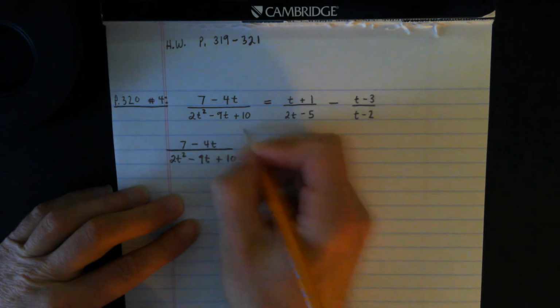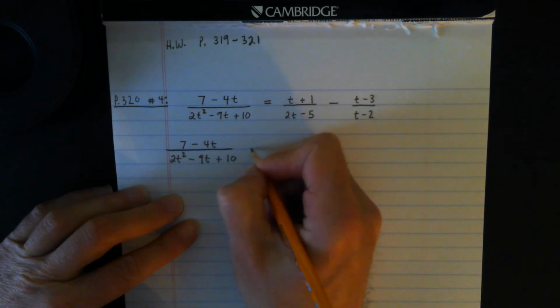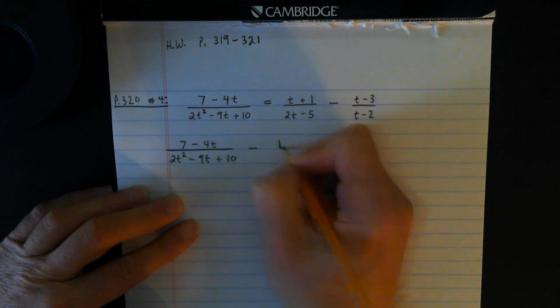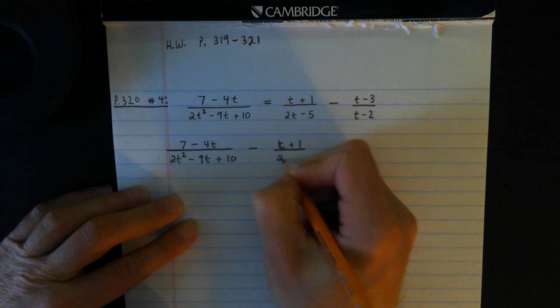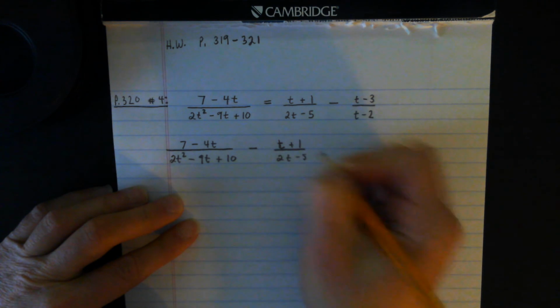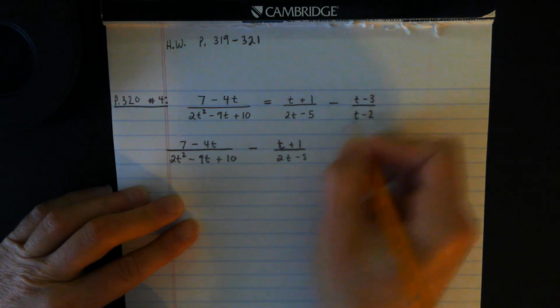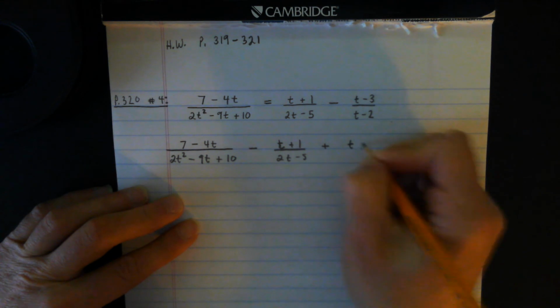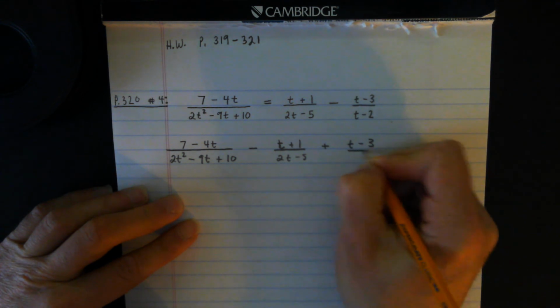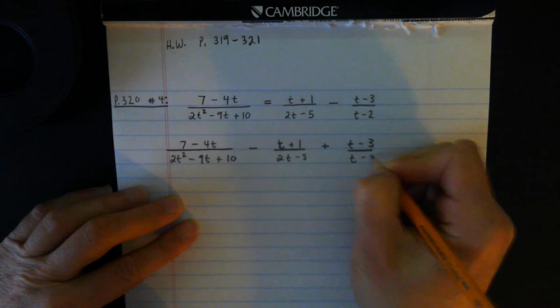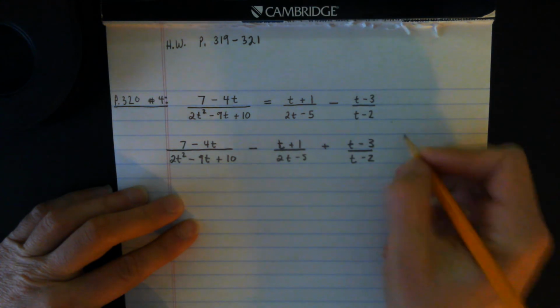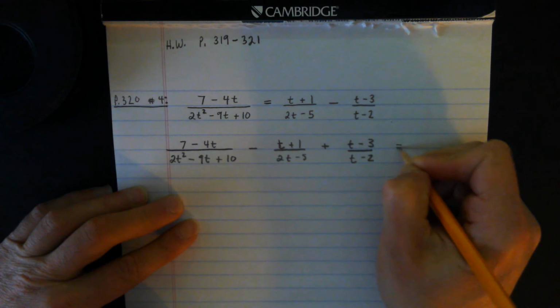And then I'm going to minus that to that side. So I've got minus t plus 1 over 2t minus 5. And then I'm going to add this to that side. So I've got plus t minus 3 over t minus 2. And now that I've subtracted that to that side and added that to that side, we're just left with 0 on the right-hand side.